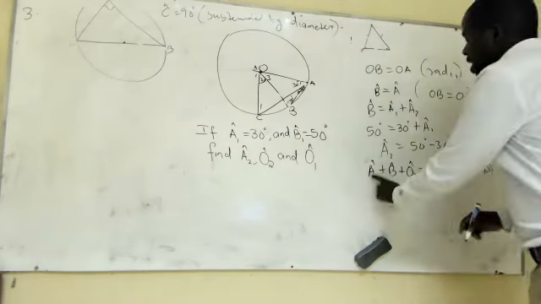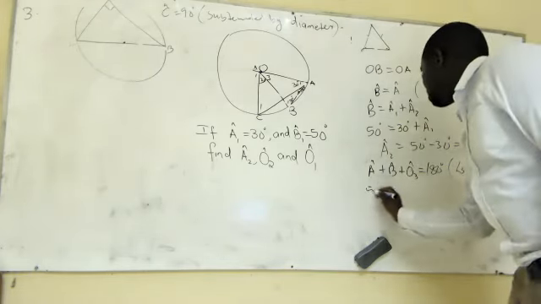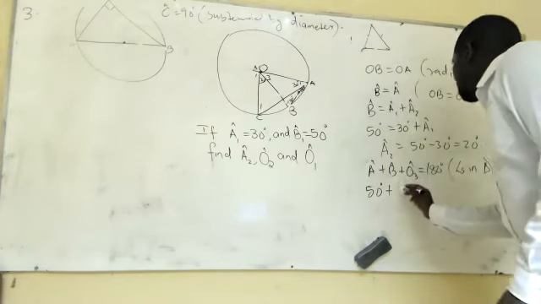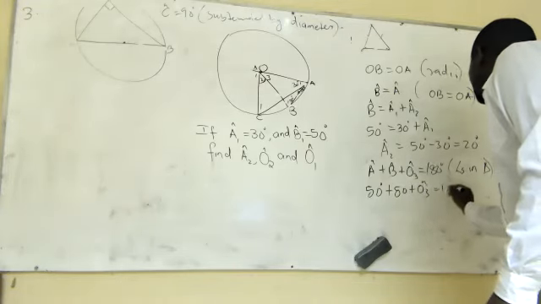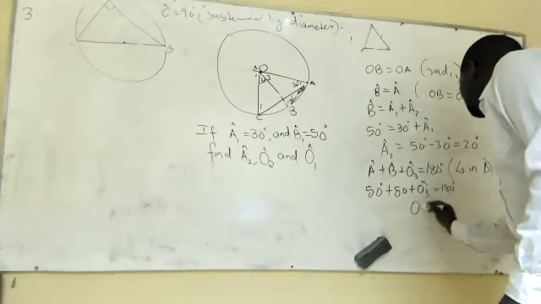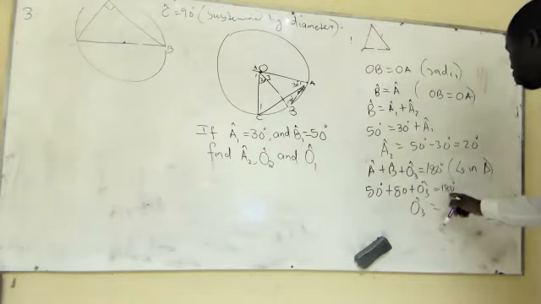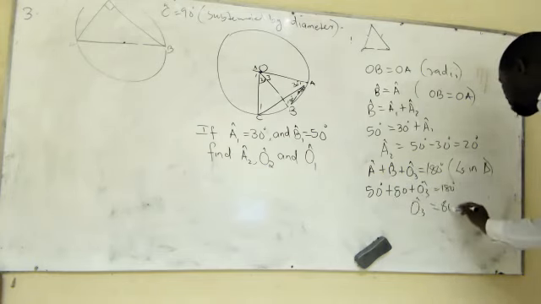And from there, angle A is 50 in this case, plus B is also 50, plus O3, and this will be 180. Therefore, O3 will be equal to 180 minus 100, which is 80 degrees.